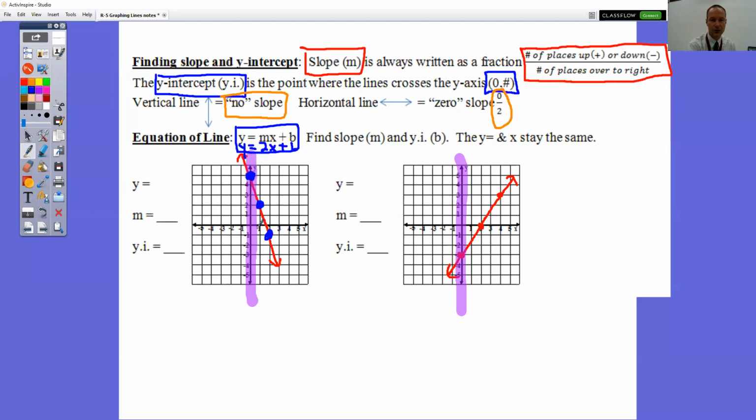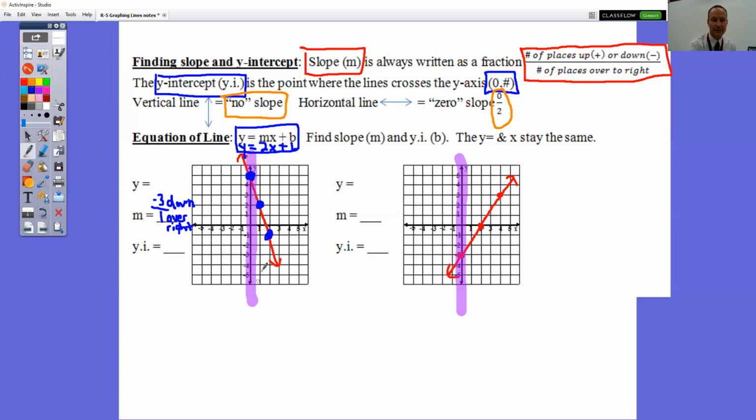Because we're going down 3, that's going to be a -3. Anytime we go down, down is negative. And then we're going over 1 to the right. We always go over to the right. We never go over to the left. So we're going down 3 over 1.